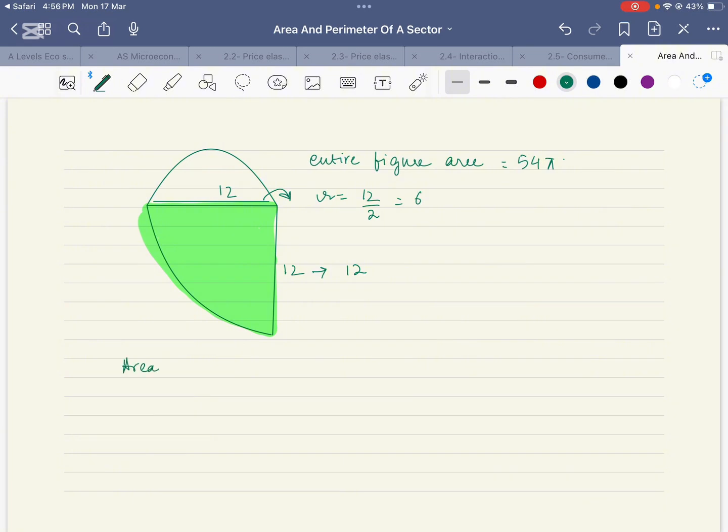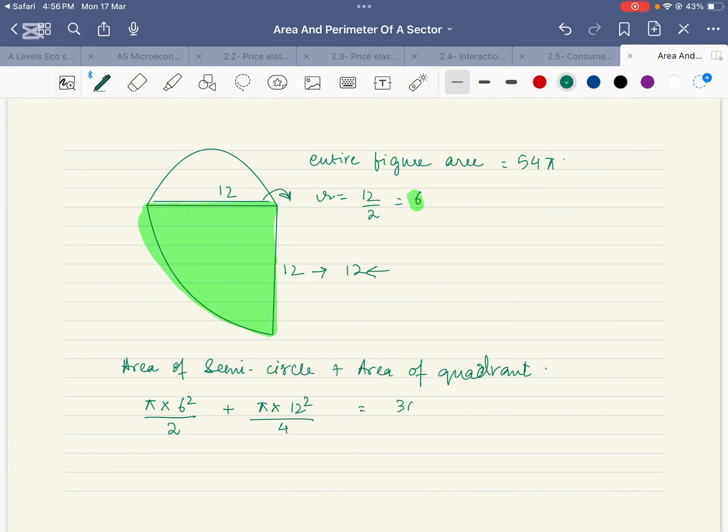Area of semicircle plus area of quadrant. So area of semicircle with radius 6 will be pi r square upon 2 because it's half circle, plus pi 12 square upon 4 because this is the quadrant.